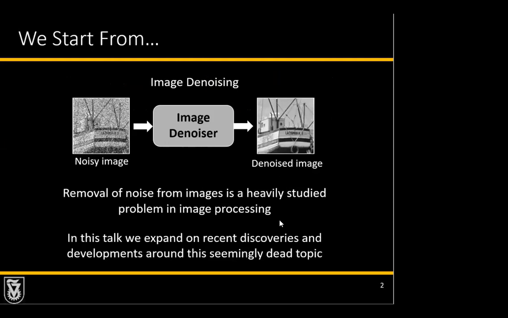So this topic has been heavily studied for tens of years, and some people thought of it to be dead, that it's done, that we have achieved everything we can in image denoising. But in this talk, we will talk about some recent discoveries and developments around this topic.